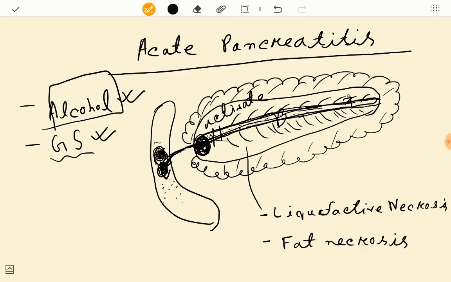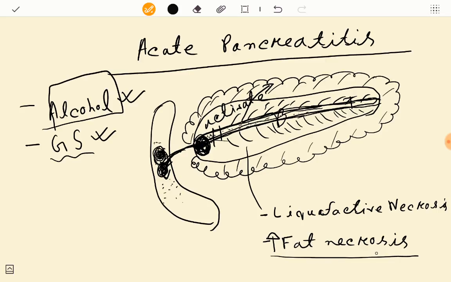Why fat necrosis? When the digestion of the pancreas occurs, it digests from the central to the peripheral. At that moment, the fat necrosis will occur. So by seeing the fat necrosis, you will understand that autodigestion has occurred too much, or the prognosis is very bad.